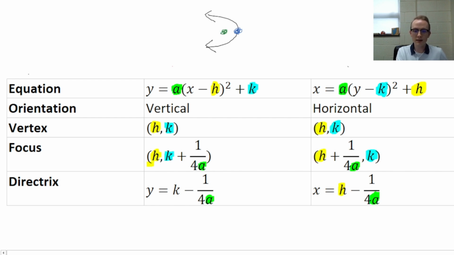But that's okay because a is negative. That would make this a minus sign because this whole thing is going to be a negative value. And if a is negative, it would turn this into a plus. So it would make your directrix to the right of your parabola. So when a is negative, it moves the focus to the left now, and it moves the directrix to the right.